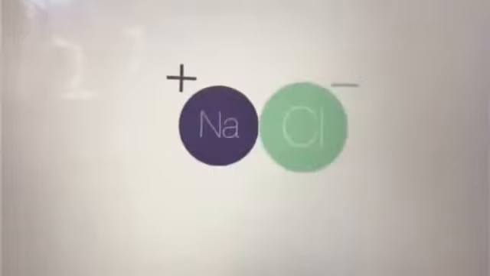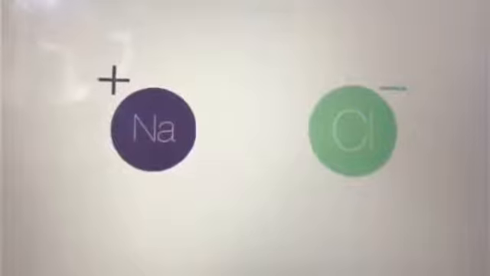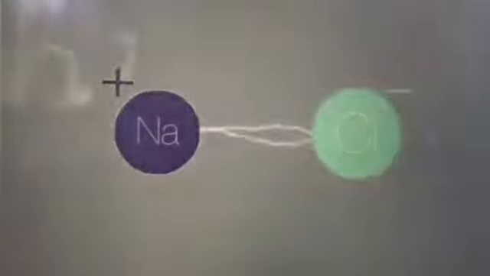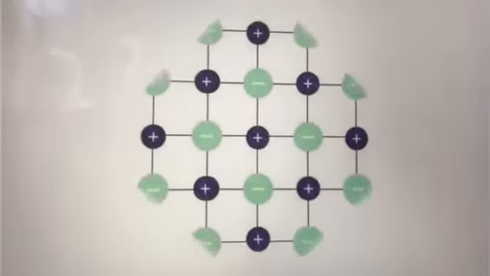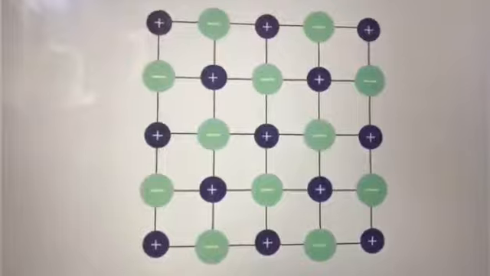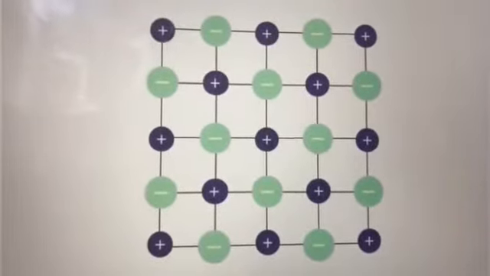The strong electrostatic attractions holding the 3D lattice structure in place mean that a lot of energy is required to overcome these attractions. When we apply a force, it breaks the regular repeating pattern of oppositely charged ions, causing ions with like charges to come close to one another. The ensuing repulsion breaks the lattice structure.